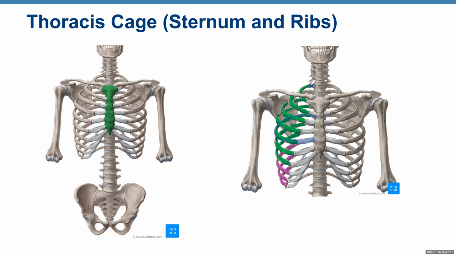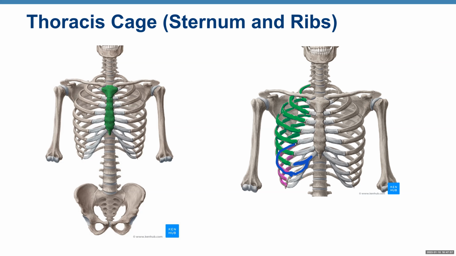So here's rib number 1 attached to the vertebra, then it curves, has cartilage, and attaches to the sternum. False ribs, rib 8 for example, has attachment to the vertebra. All ribs are attached to vertebrae, but rib 8 has a cartilage that's not directly attached to the sternum.